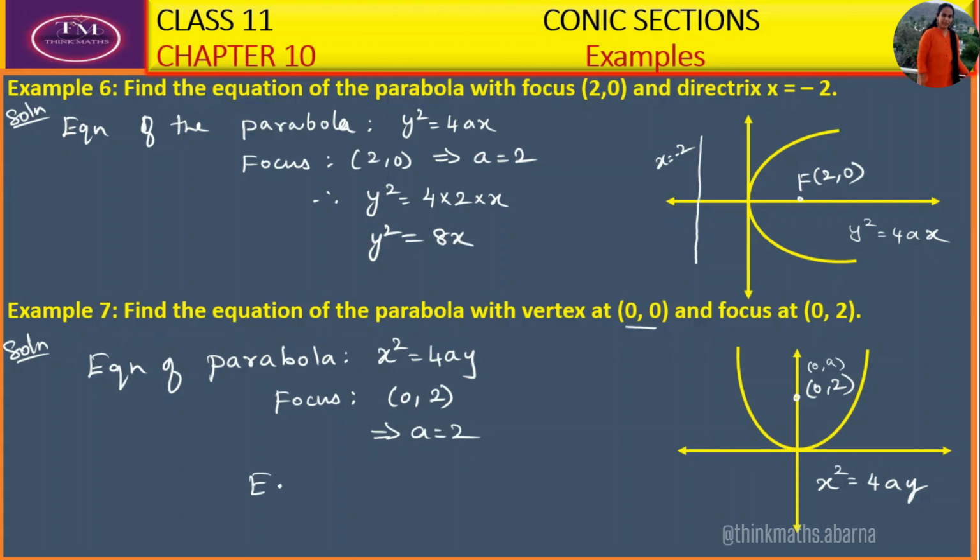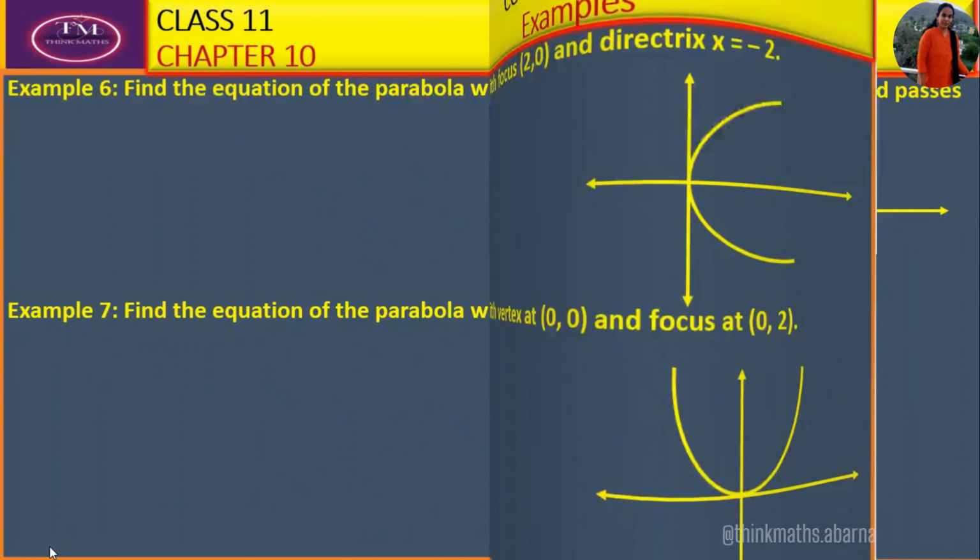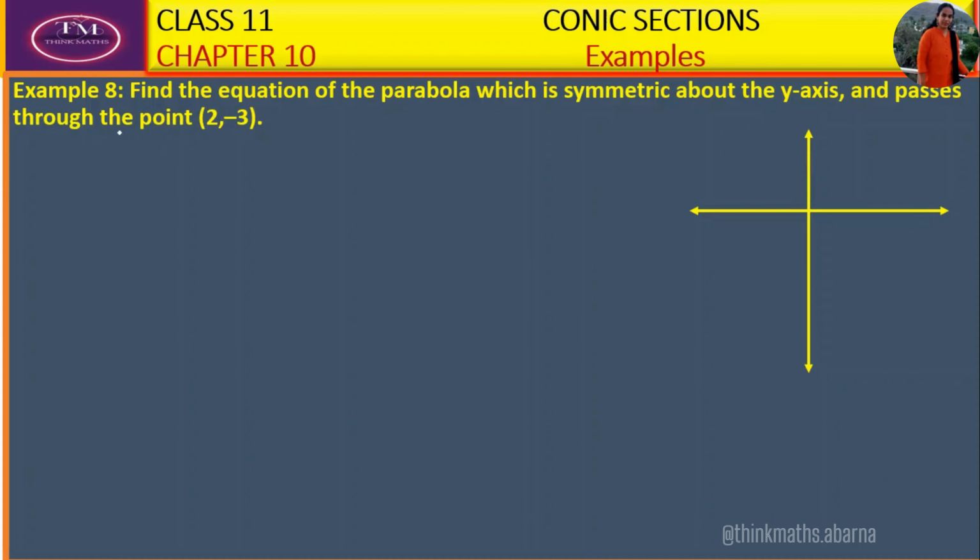Therefore, what will be the equation? x square equal to 4 into 2 into y equal to 8y. That means x square equal to 8y is the equation of the parabola. Simple, isn't it? So moving on to the next example, example 8.